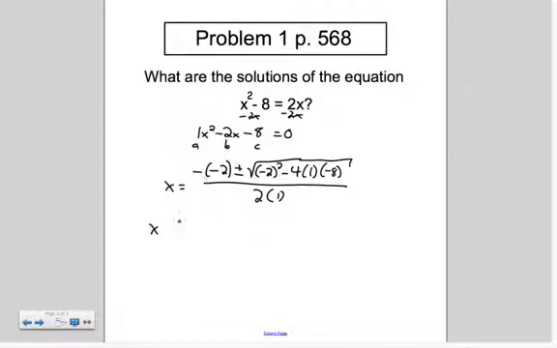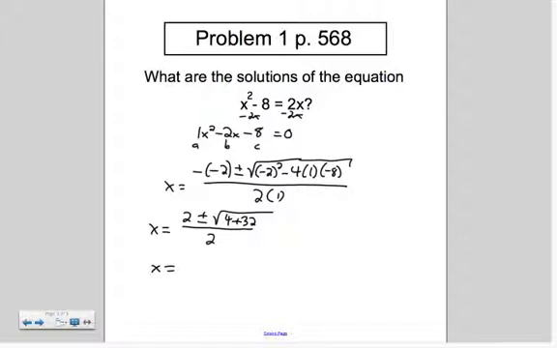So the opposite of negative 2 is positive 2, plus or minus the square root of negative 2 times negative 2 is 4. Negative 4 times negative 8 is a positive, and that's a 32. All over 2a. 2 times 1 is 2.